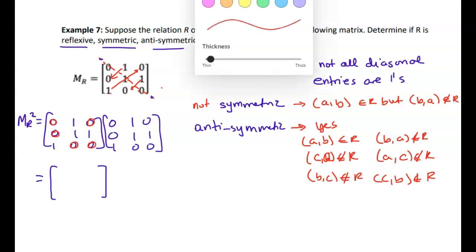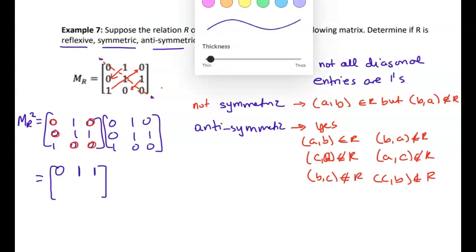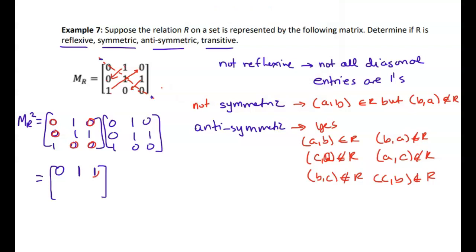So this one you can check fairly quickly, because if it breaks down, you can stop. But I'm going to multiply the whole thing anyway. So we have this times this is 0. This times this is 1. This times this is 1. All right, so already we can see that it's broken, right? This one changed to a 1, but it started as a 0. So that means it's not transitive.